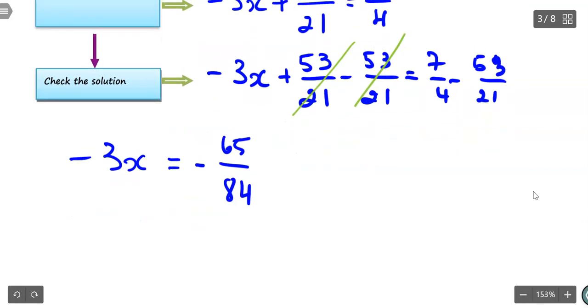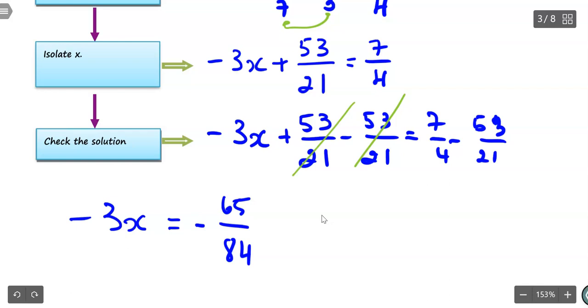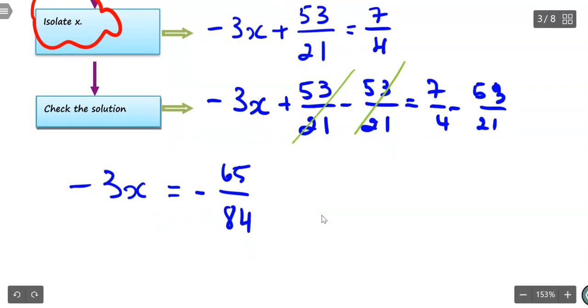Now this is even more simple, thinking of solving a linear equation. The key here is you need to isolate the x, that means you get rid of everything surrounding the x, and you have just x on one side.